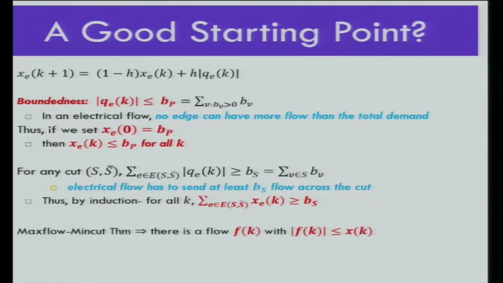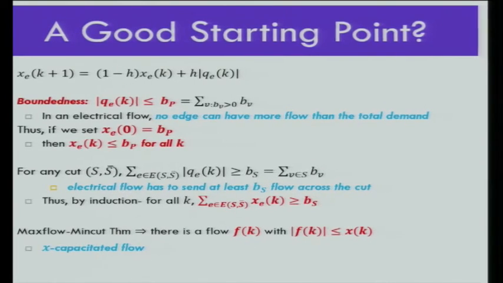So let's step back and see what we are really trying to prove: that the solution x to this dynamical system converges to a flow. However, at no intermediate stage it may be a flow, because it doesn't have to satisfy the flow conditions. What this says is that there is a proxy flow, which you can keep in mind, and this flow is capacitated by this conductance vector x, and we call it the x-capacitated flow.